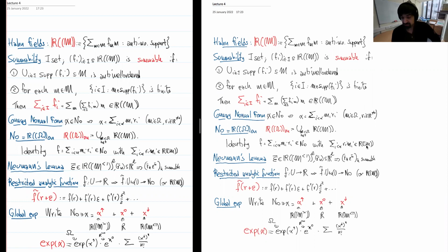You can always stick a group here, which is a set, because the support of this sum is indexed by an ordinal. So the quantity of monomials that you need to do this sum is always small. You can take these monomials inside some set, take the group generated, which is still going to be a set, and then use that to make a Hahn field around it, and you can do this identification.